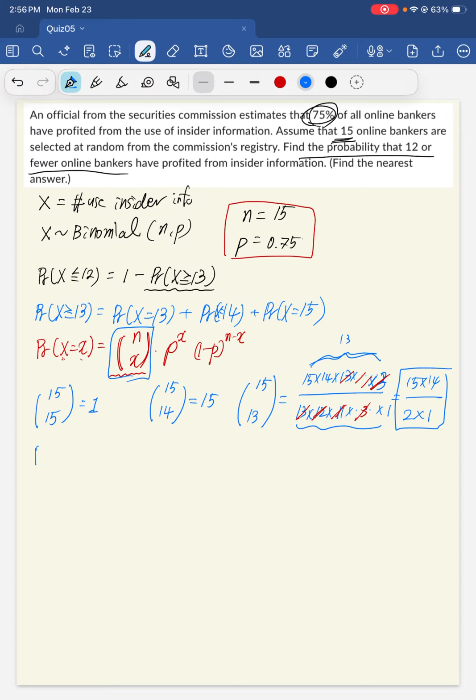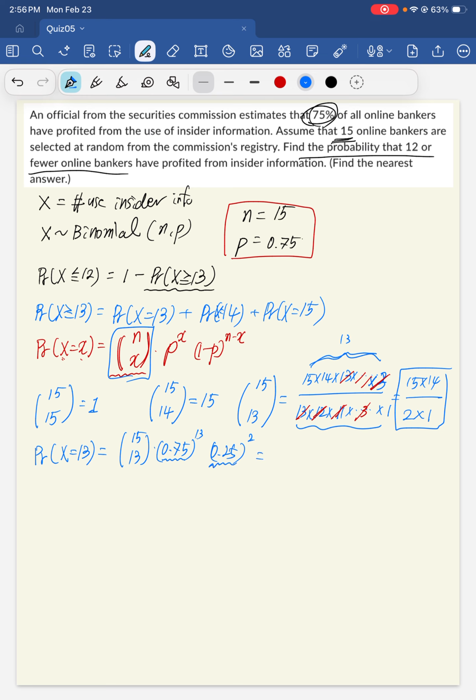And now let's do the algebra. You will need a calculator. So the probability for 13 is 15 choose 13 times 0.75 to the exponent of 13 and 0.25 squared. So success happens 13 times, failure happens 2 times.